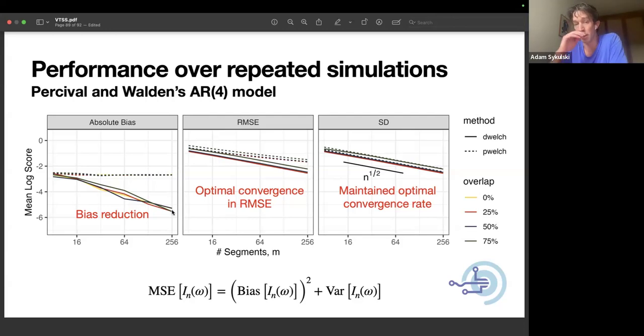We can remove it. And when it came to root mean square error, on the right, for the standard deviation, we found all methods performed about the same, with the root n optimal convergence rate we'd expect under central limit theorem arguments of variance reduction. So we've maintained the variance reduction, but removed a lot of the bias.